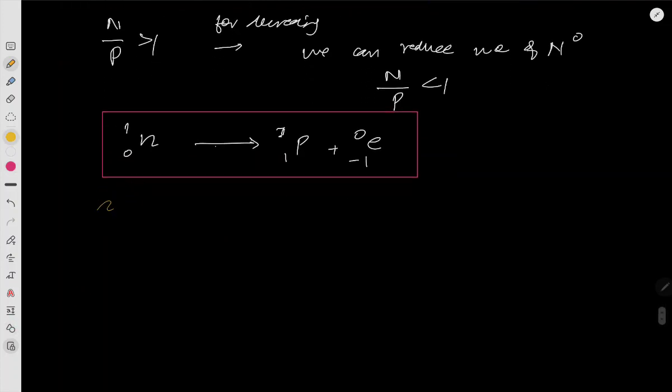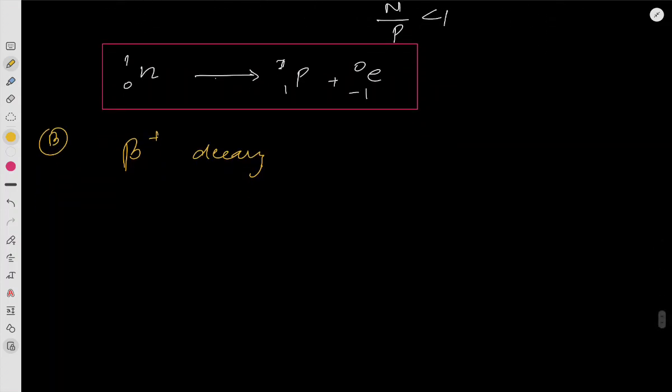Now let's move further to the second part, that is beta plus decay. And now in this there is an atom, and in this decay the n by p ratio is less than 1.